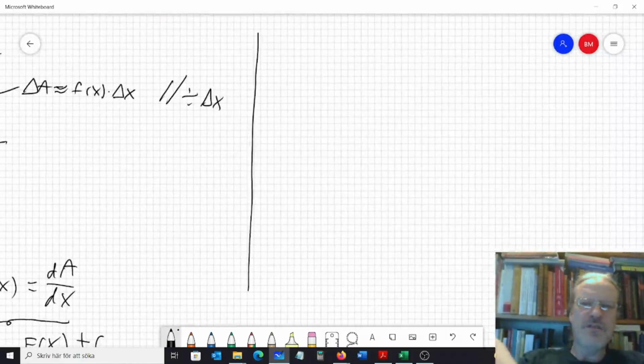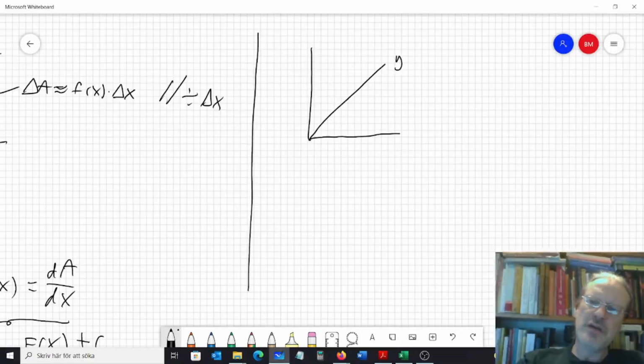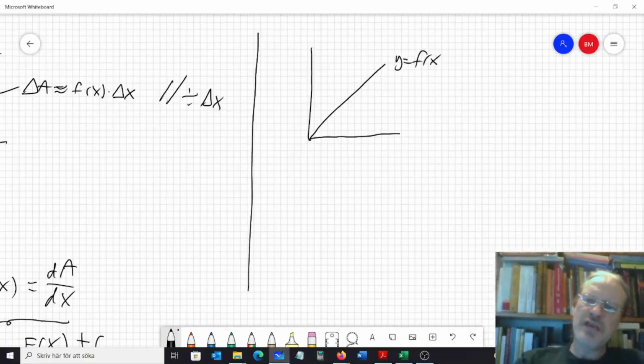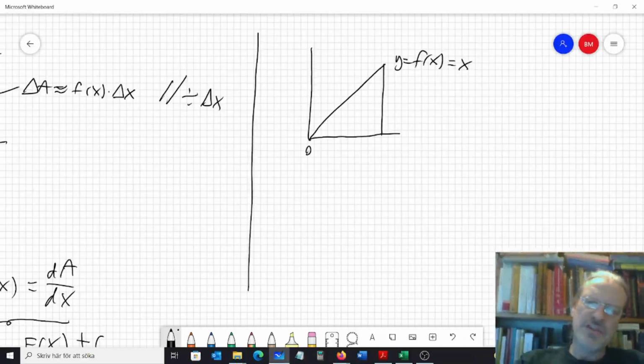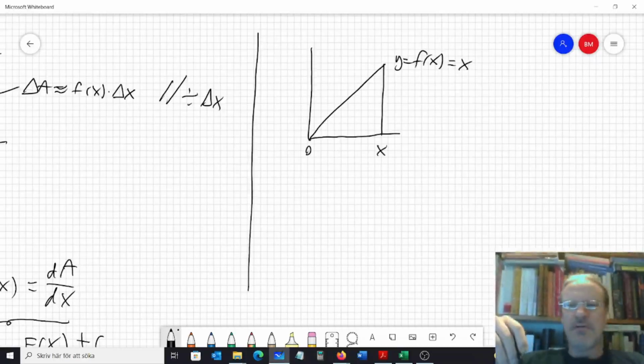We should take a simple example where we know the answer to see if this makes sense. So I will take my function y equals f of x and make a very simple one: f of x equals x. And we want to find the area from 0 to some value x of this triangle.